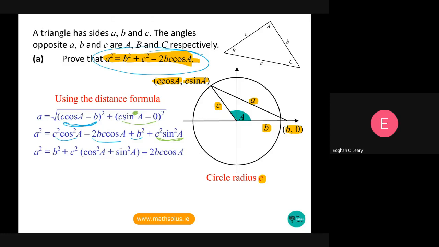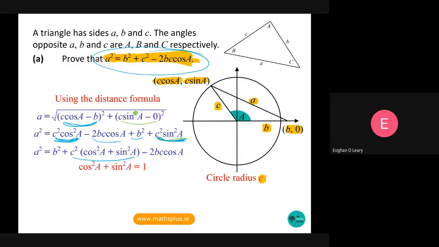We have our a squared, you can bring over your b squared and c squared, and then you've got this part here. We have c squared cos squared A and c squared sine squared A. Factoring out the c squared, we get c squared times (cos squared A plus sine squared A), and then we still have our minus 2bc cosine A.